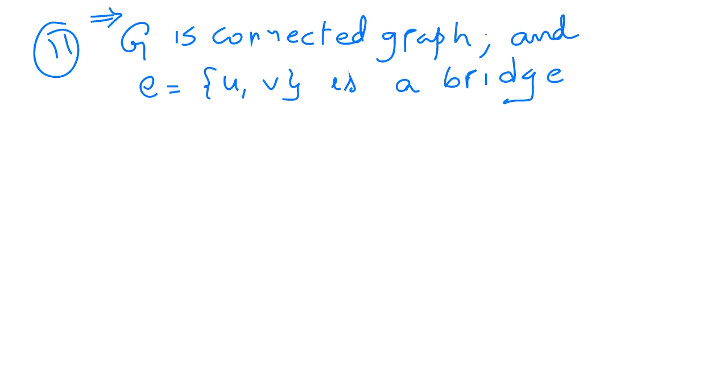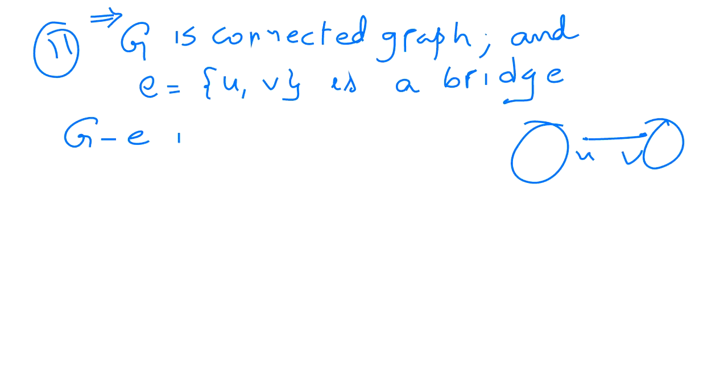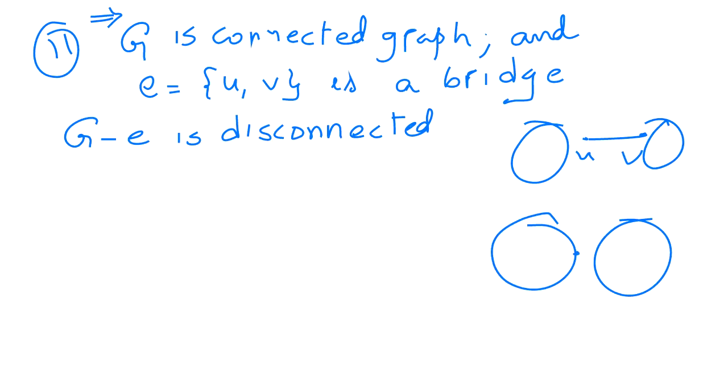What exactly that means is, if you remove this edge, this graph will become two pieces. That's what the meaning of that is, right? Yes. That means G minus E is disconnected. If you take G minus E, the graph is going to look like this. There are two portions. U is going to be on one side and V is going to be on the other side. Am I right?